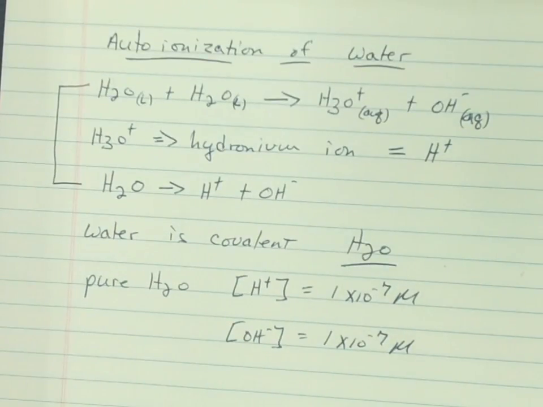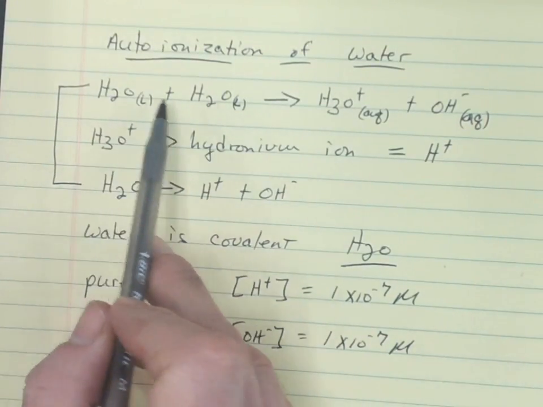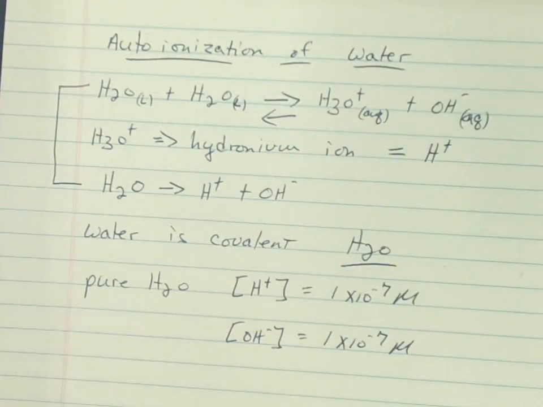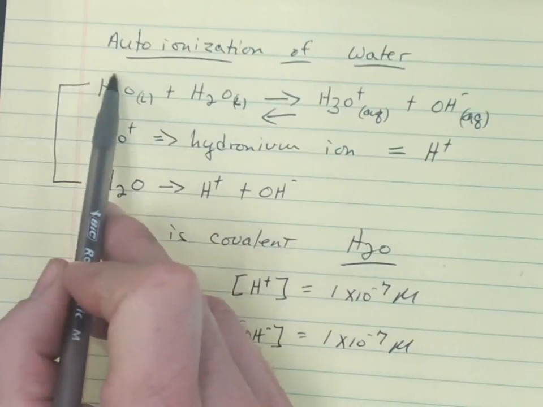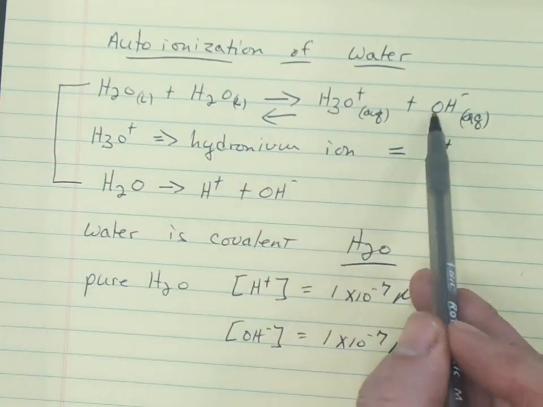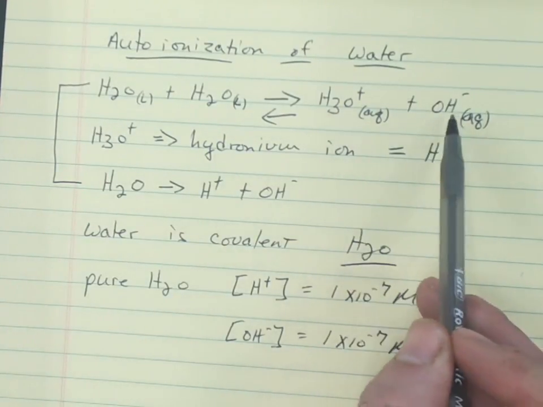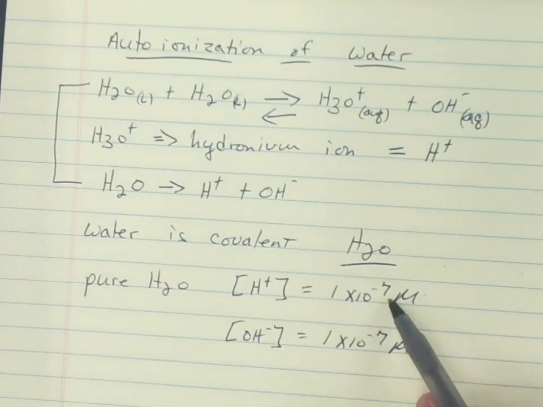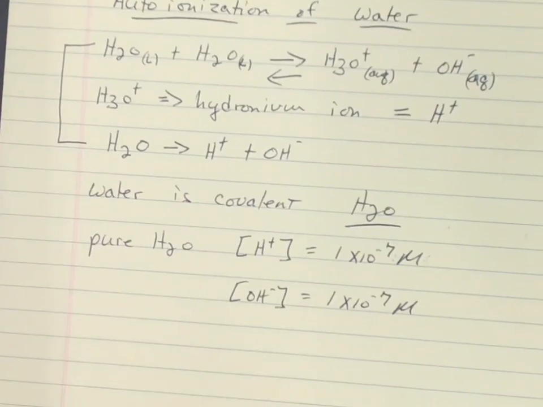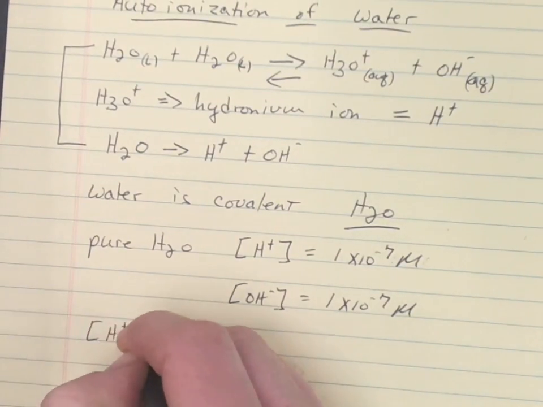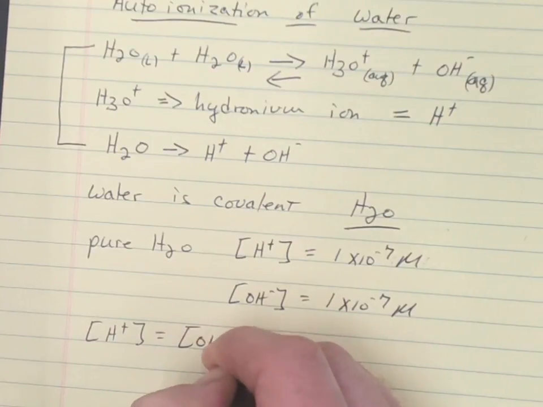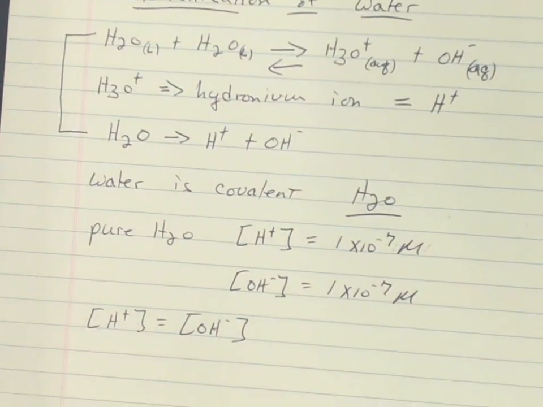So what it means is that this equation, the equilibrium lies way over here to the left, meaning at equilibrium you don't get very many of these ions at all, a very small amount, because that's a very, very small number, 1 times 10 to the negative 7th. But in pure water, it's important to recognize that the concentrations, those two numbers, are equal to each other.